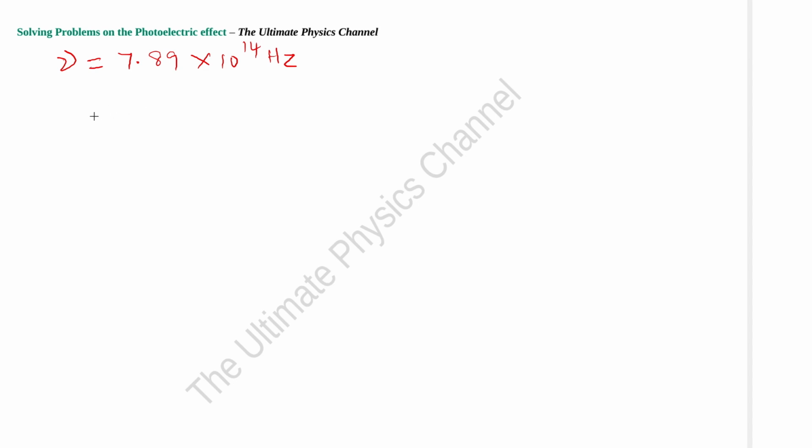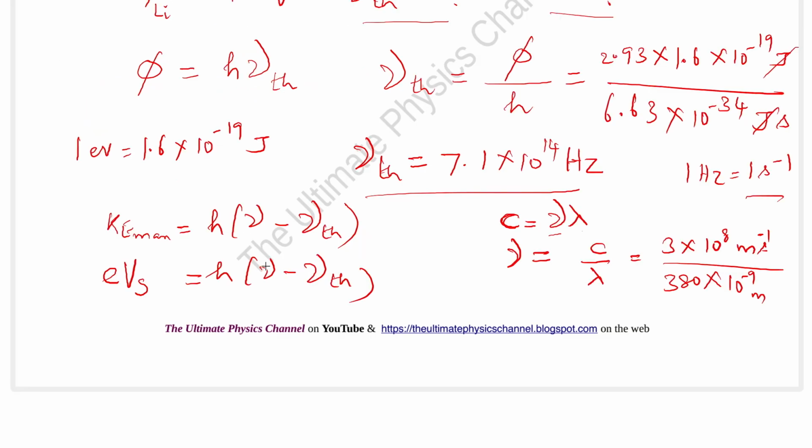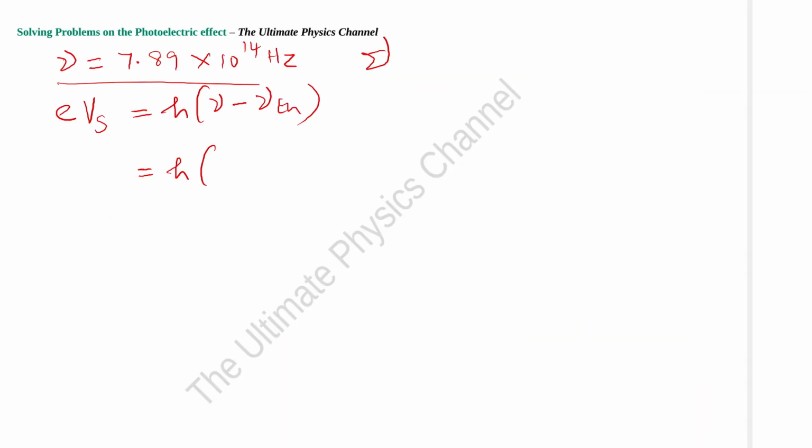Now we can write directly e times the stopping potential is h nu minus nu threshold, and h times nu is given. We have calculated now this as a value. Nu threshold, from the work function, we have worked out that to be 7.1 into 10 power 14 hertz, so we can use that here.